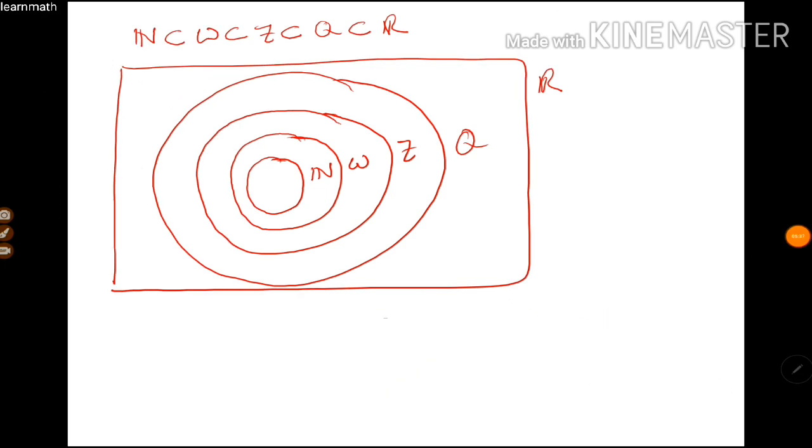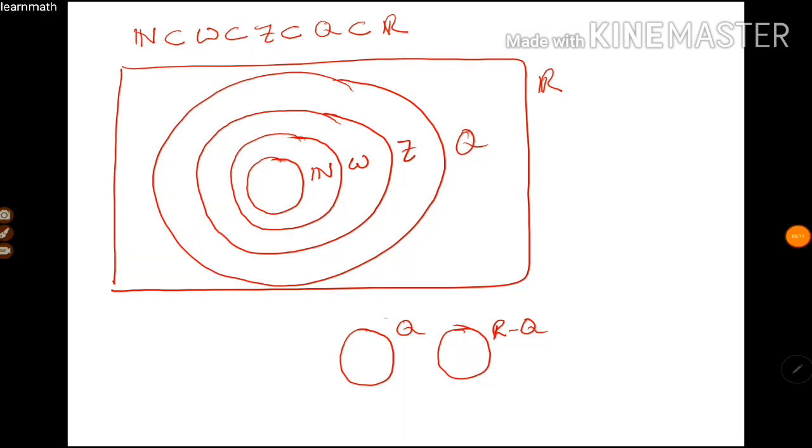Now we have another set, that is irrational numbers. We know that rational numbers and irrational numbers are disjoint sets. There are no common elements. So take the circle which indicates rational numbers, and take another circle which indicates irrational numbers.